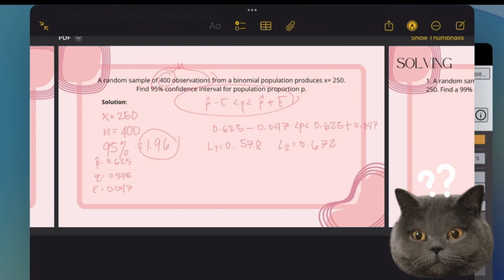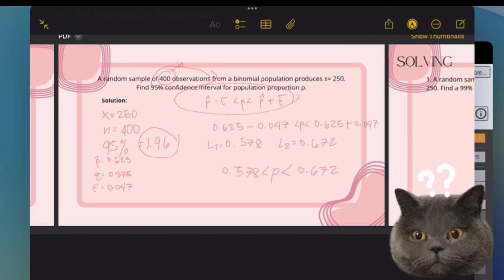So we say that we are 95% confident that the population proportion will be between 0.578 and 0.672.